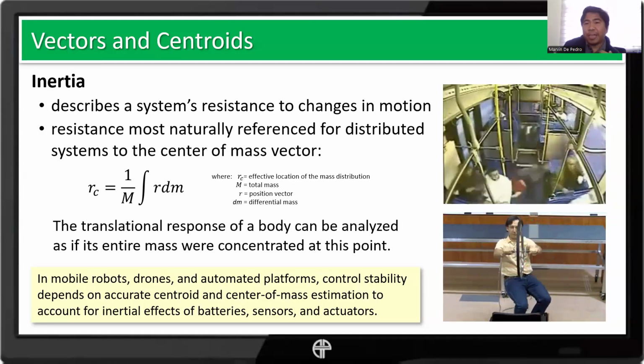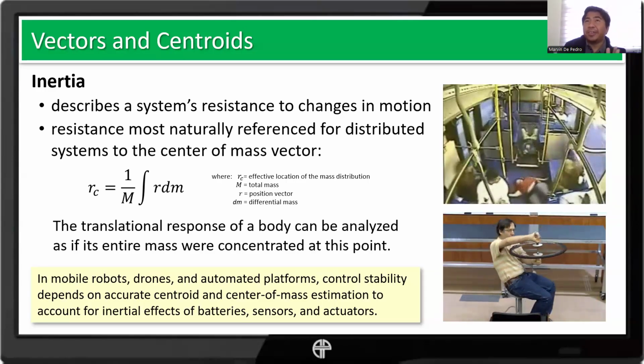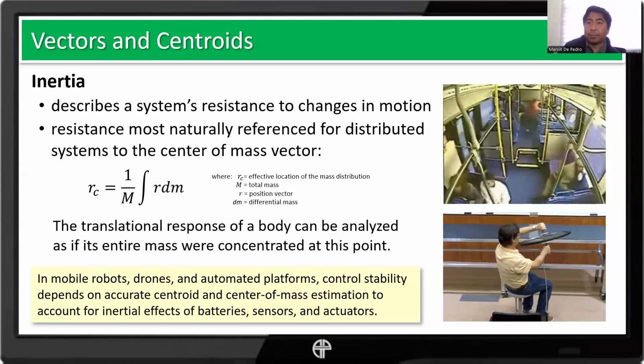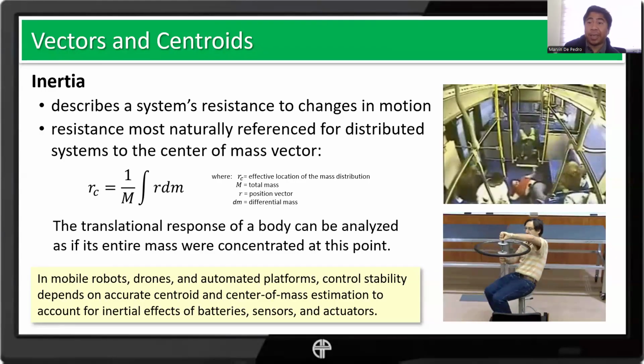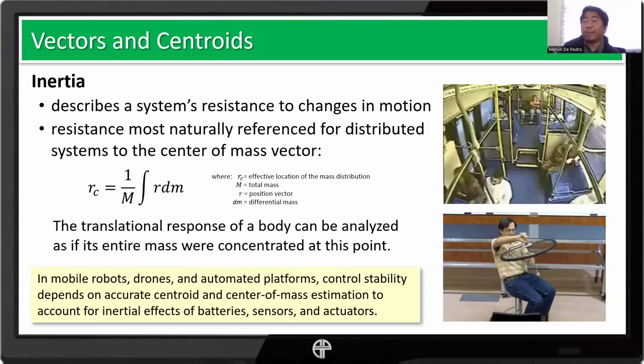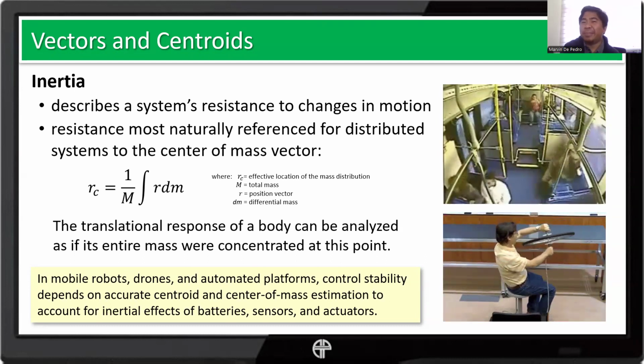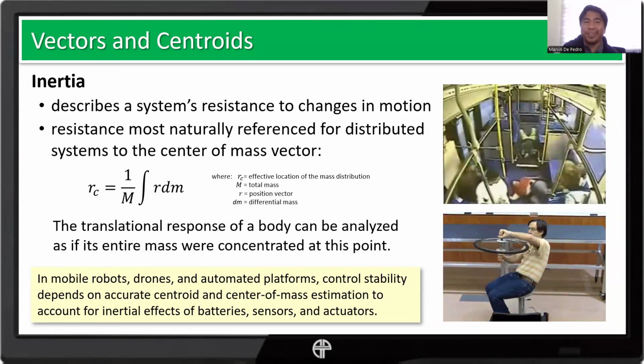So the higher the mass, the harder it is to stop or change that motion. That's why we have seat belts. Whenever you see seat belts, just remember, oh, that's inertia.